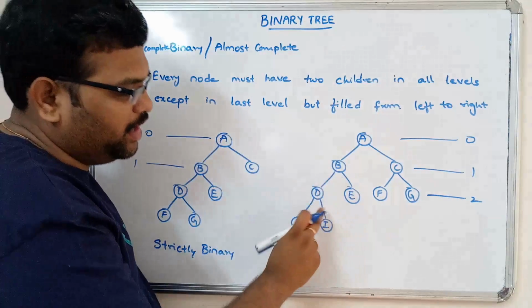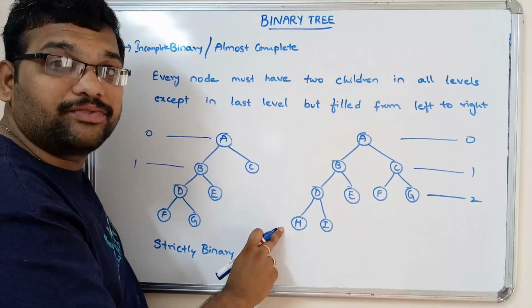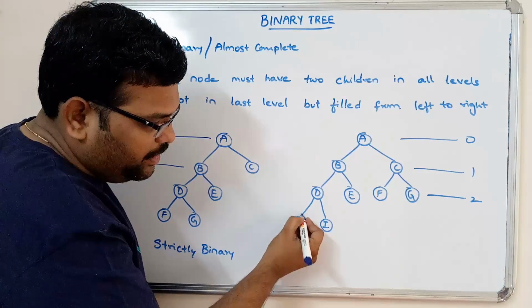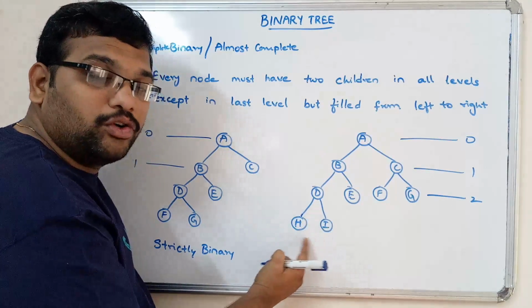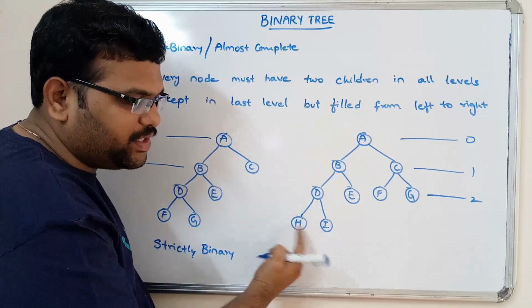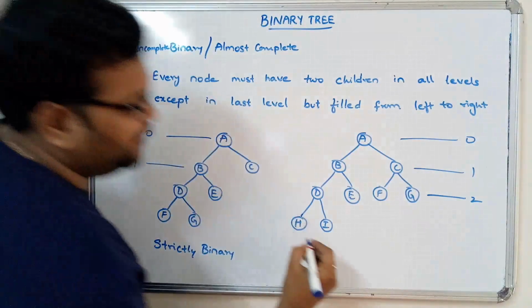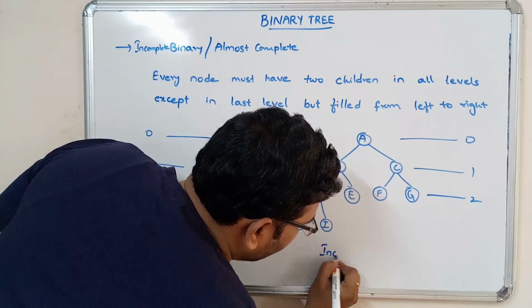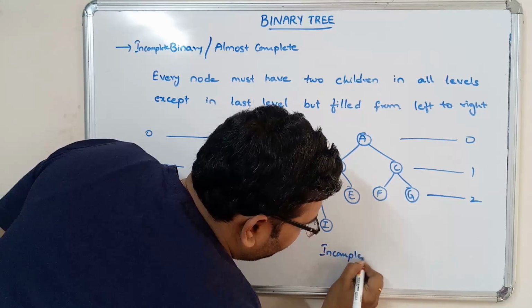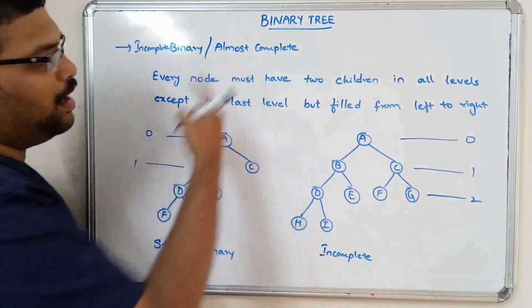That means the nodes should be filled on the left side. D has two nodes, a left child and a right child, so this is called an incomplete or almost complete binary tree.